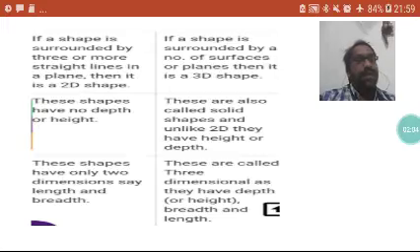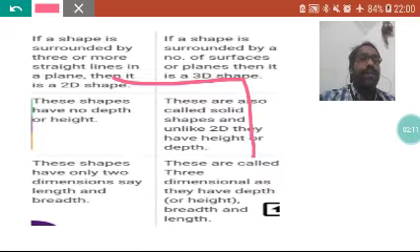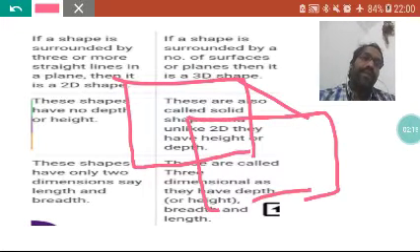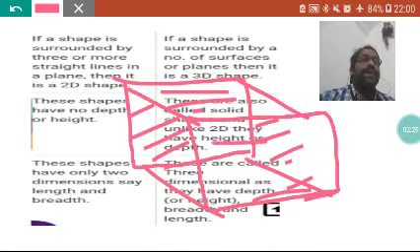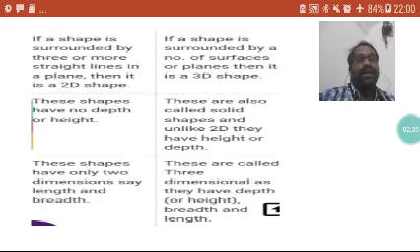But when the shape is surrounded by a number of surfaces, like this, suppose I make this figure here, see, this shape is surrounded by many faces. First face is here, second face is here, this is the third face, front face. So that shape is called a 3D shape. Clear? When it is surrounded by a number of surfaces.